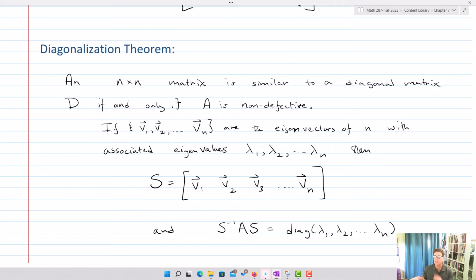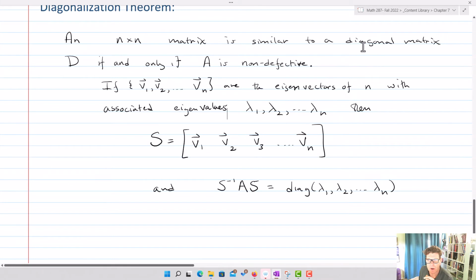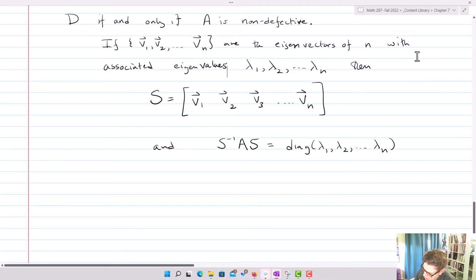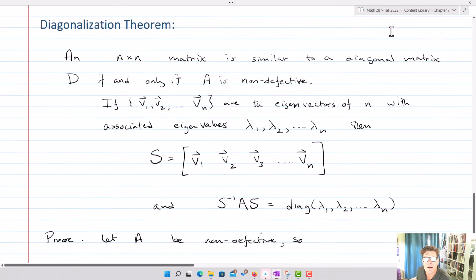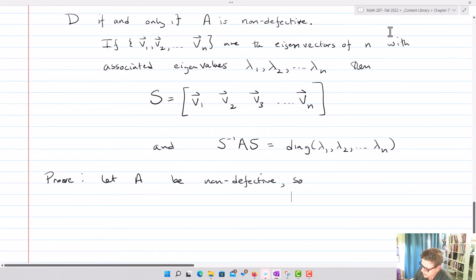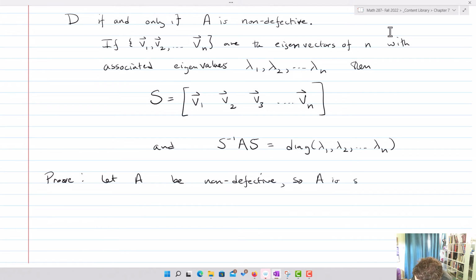All right, so we're going to do a little thumbnail sketch of this proof to see what's happening. Let's assume that A is non-defective, and so A is similar to a diagonal matrix.